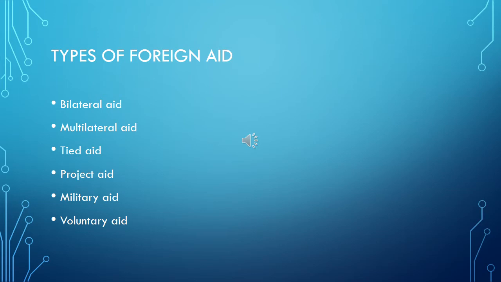Now, moving on to the next type, which is multilateral aid. Multilateral aid is the assistance provided by many governments who pool funds to international organizations like the World Bank, United Nations, and International Monetary Fund.